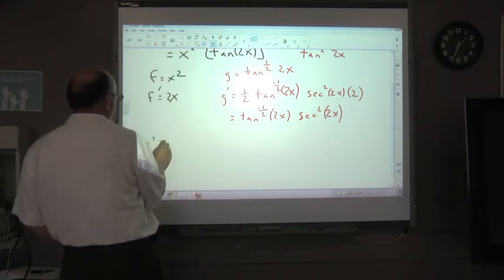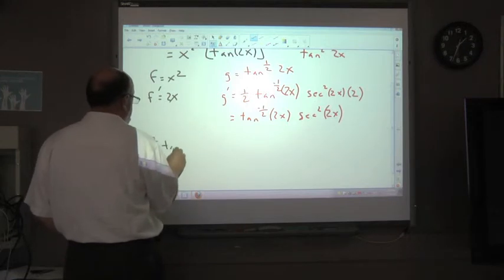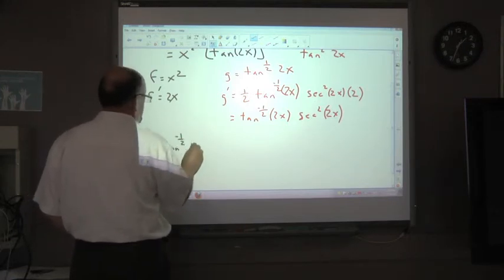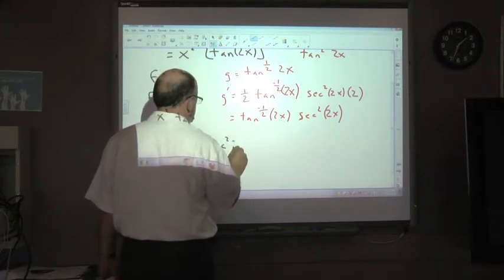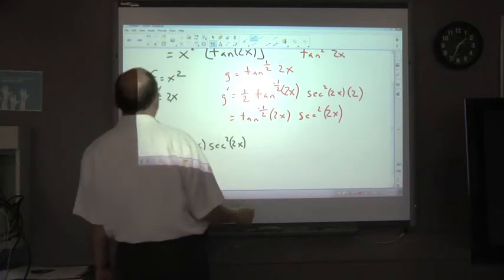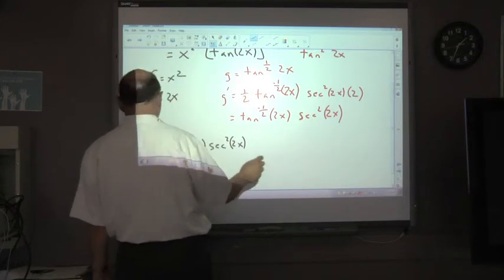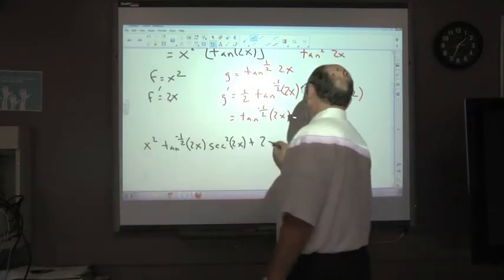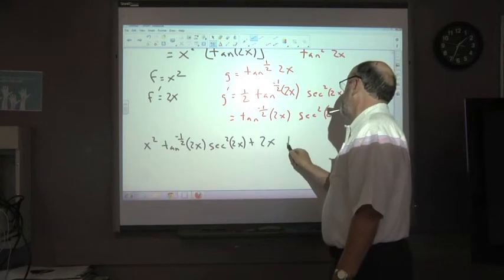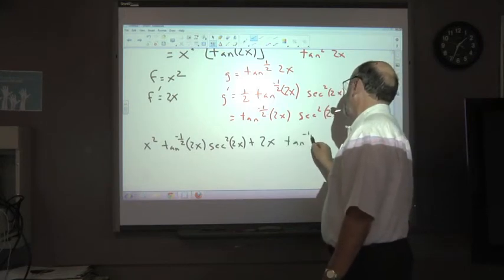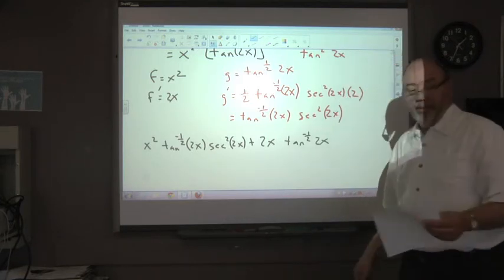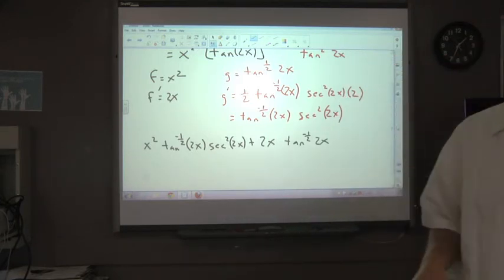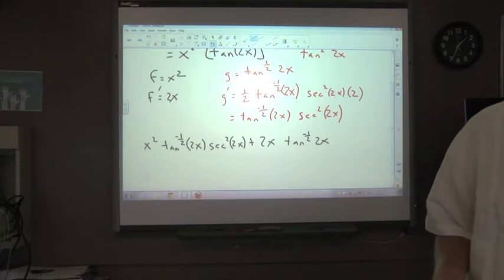So we get x squared tangent 2x secant squared 2x plus 2x tangent to the minus 1/2. And that would be my derivative. Right? So again, in terms of our trig functions, we can find our derivative.